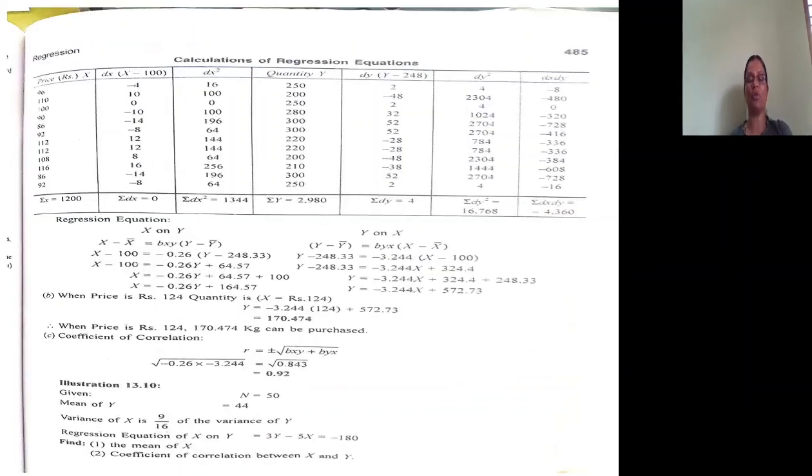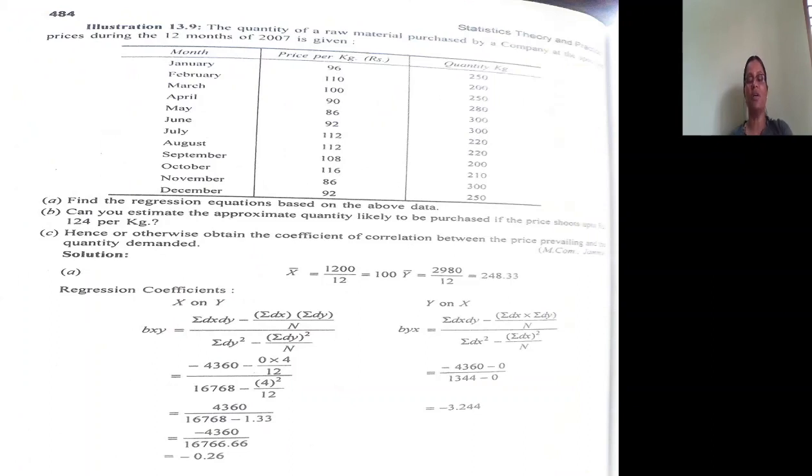Summation dx dy is 4360 minus summation dx, which is 0, into summation dy, which is 4, divided by 12, whole divided by 16,768 minus 4 square divided by 12. Answer is minus 0.26. As far as byx is concerned, the answer is minus 3.244.